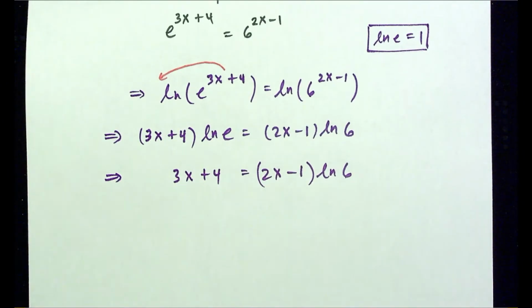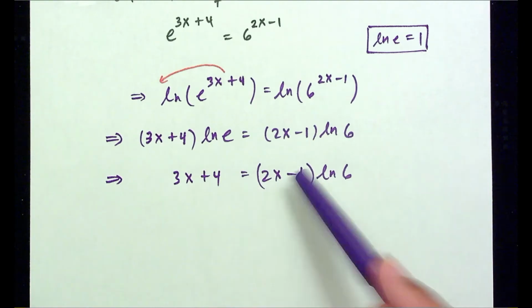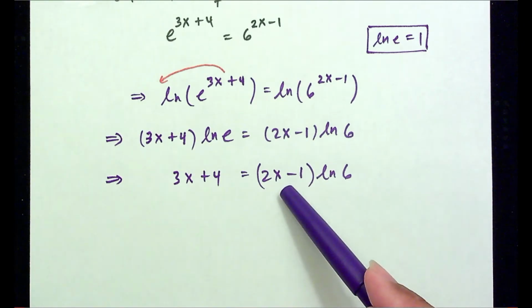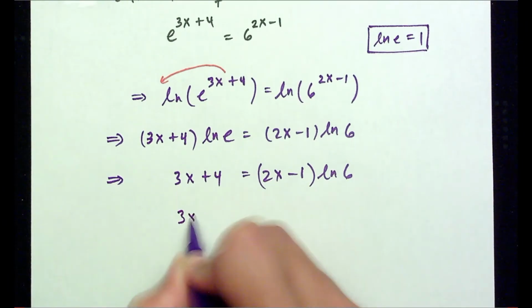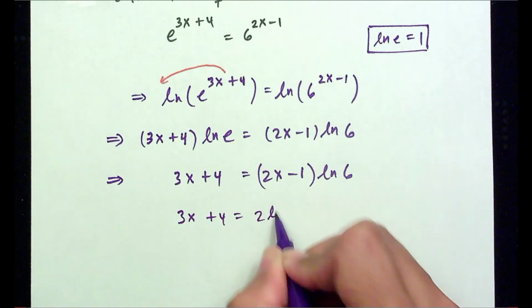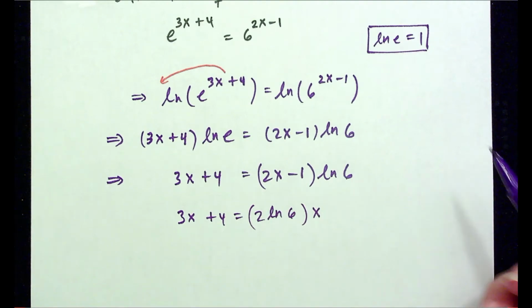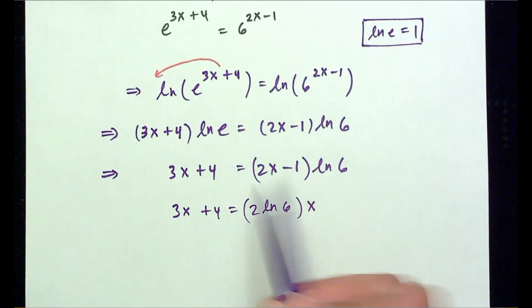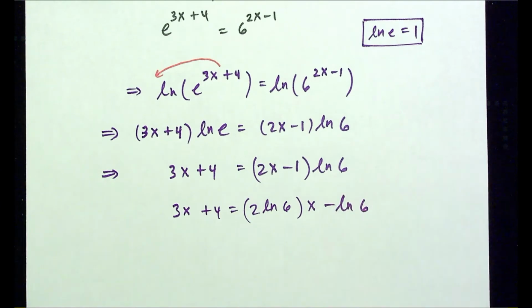Now, I want all the x's on the same side of the equation, so I can solve for x. But before I can move this, this is trapped inside that parentheses. I need to get it out of there. So that means we need to distribute that. So on the right-hand side, we would get 2 ln of 6x, and then minus ln of 6.